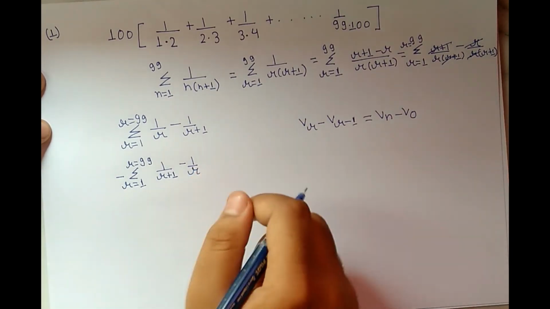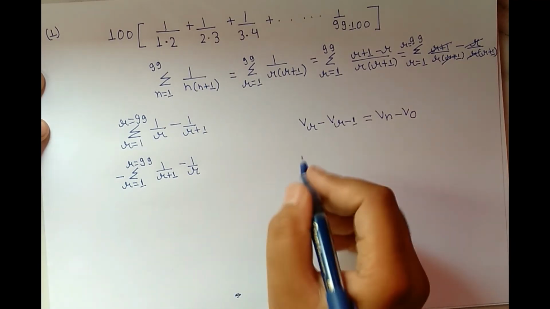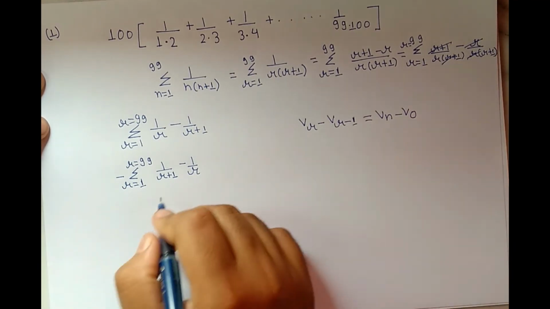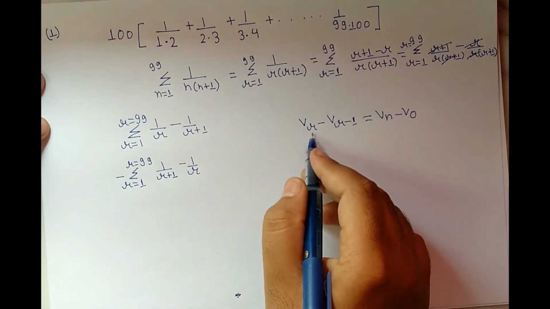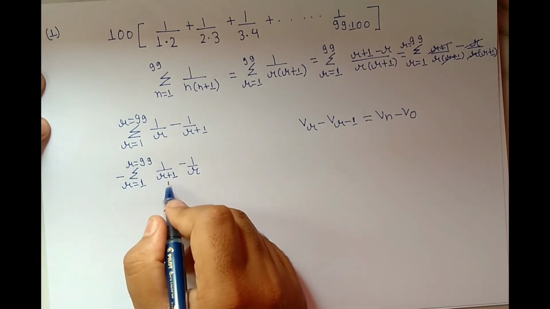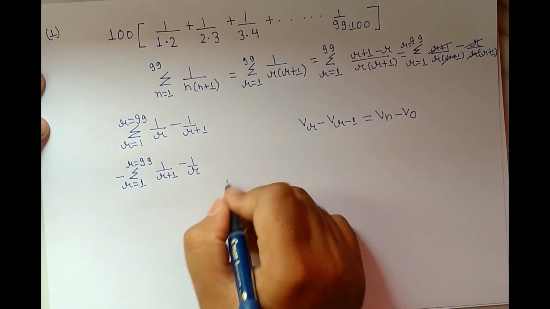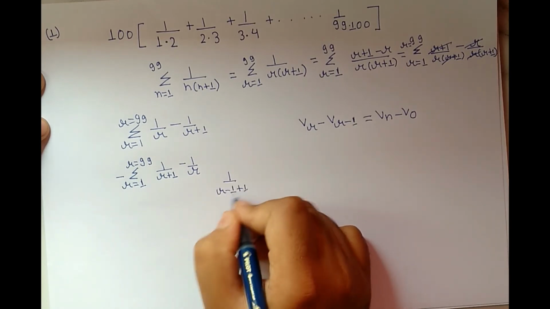Now I can see that this is of the form Vr minus Vr minus 1. Why? Because if I am considering 1 by r plus 1 as my Vr, then if I'm replacing r with r minus 1 in this equation, I would get 1 by r minus 1 plus 1, then I would get 1 by r.